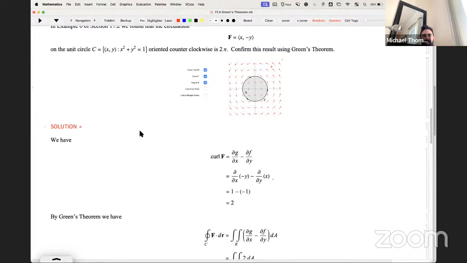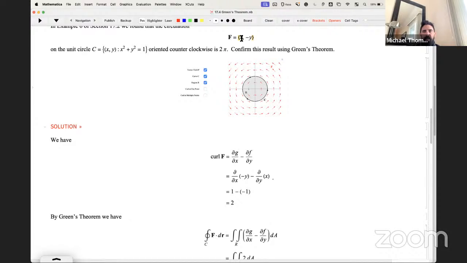The partial of G with respect to X wouldn't work, because there's no X component in G in the vector field of F. Oh, you're right. When you switched it, I think it was best the way it was. Yeah, you're right. I think I did mess that up. What did I switch?